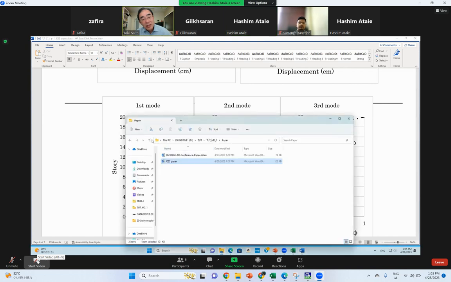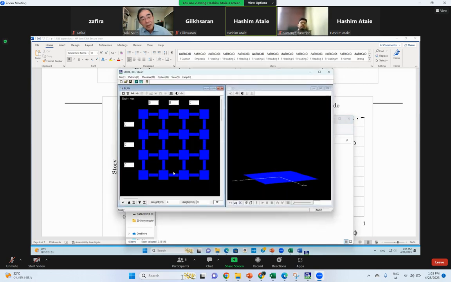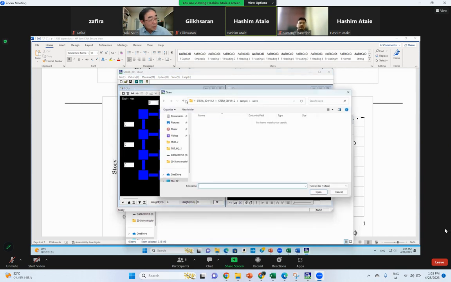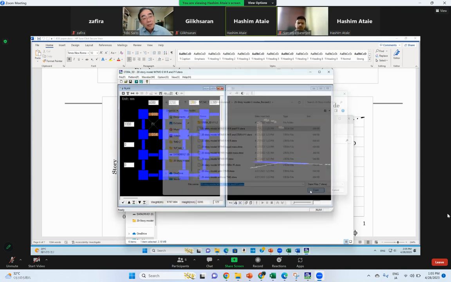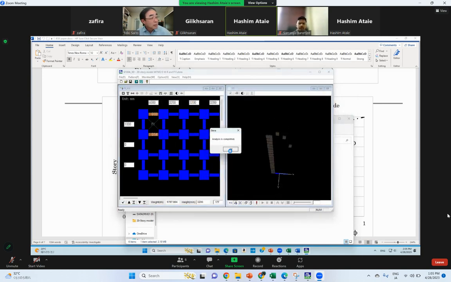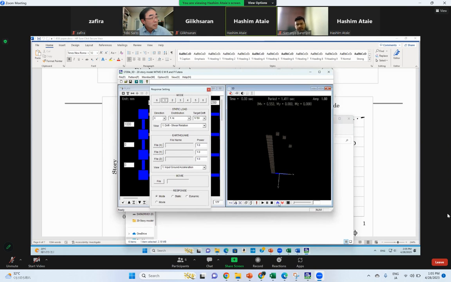For example, you can see that only the top TMD vibrates.